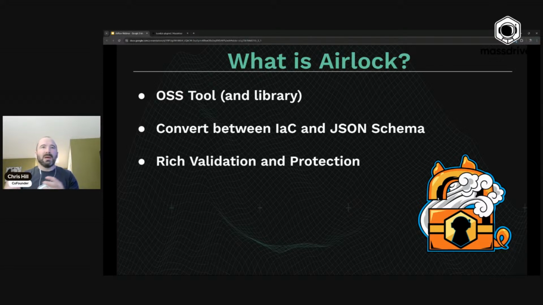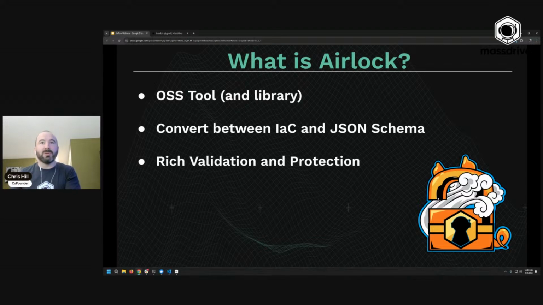What Airlock allows you to do is translate back and forth between, for example, in Terraform, HCL to JSON schema and JSON schema to HCL. Airlock itself is both a CLI as well as written in Golang, and so it can be used as a library. And we actually do that in the Massdriver CLI. The Massdriver CLI uses the Airlock libraries to be able to do some of the stuff.